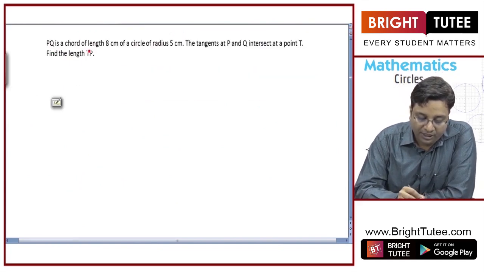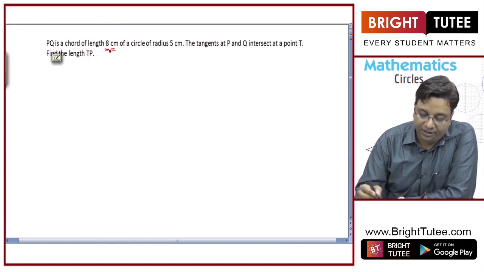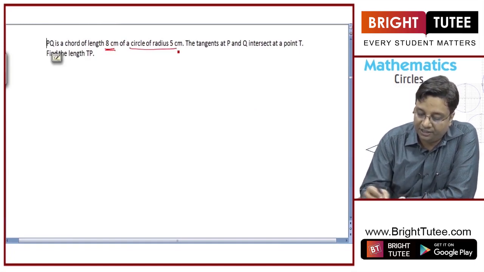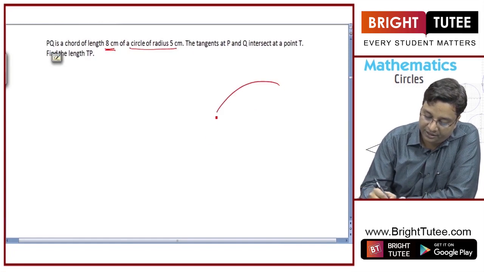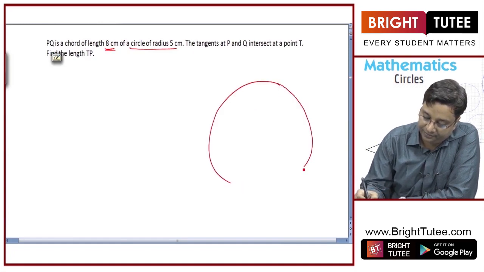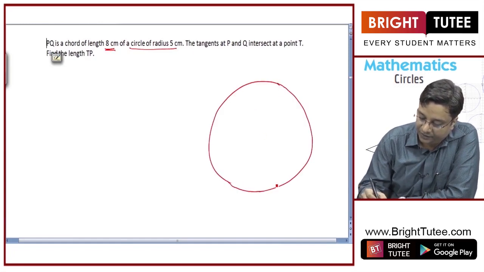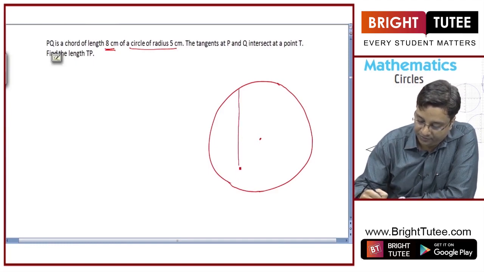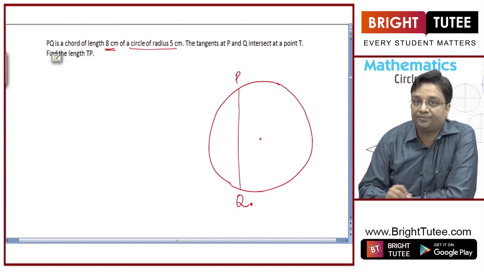Now PQ is a chord of length 8 centimeter of a circle of radius 5 centimeter. There is a circle of radius 5 centimeter and there is a chord PQ which is of 8 centimeters.